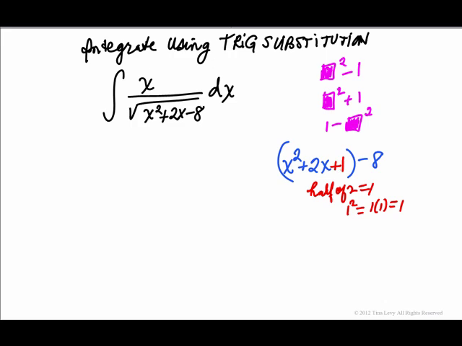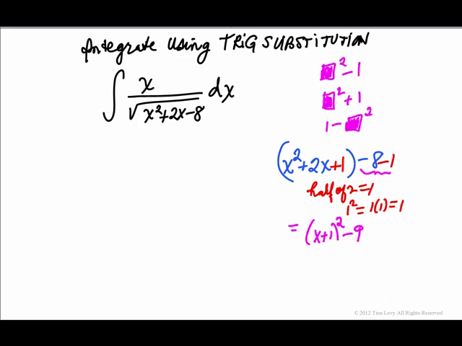But I'm doing a rewrite, so in order to not change the original, I have to subtract 1. So now this can be rewritten as x plus 1 squared, and then we have negative 8, and negative 1 is negative 9.